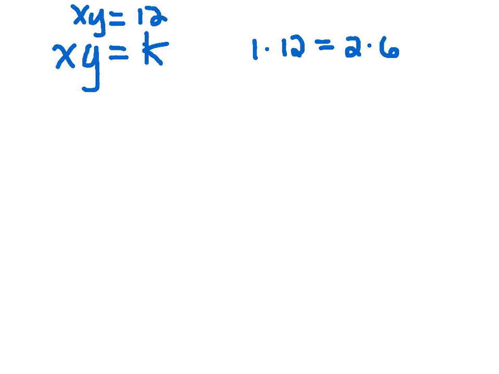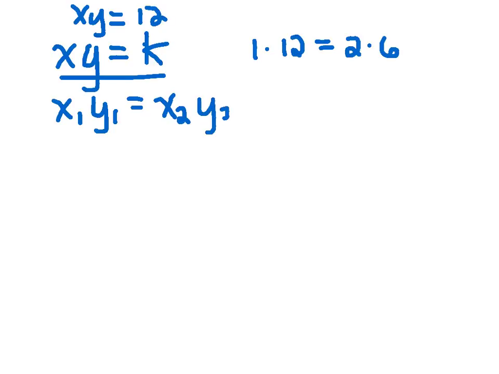So not only is this the general form of the equation for an inverse variation, since any x times its y is always equal to the same number, any x times its y is equal to any other x times its y. As we saw here, this would be like x sub 1, y sub 1, x sub 2, y sub 2. And notice that when we're doing this, it's multiplication.